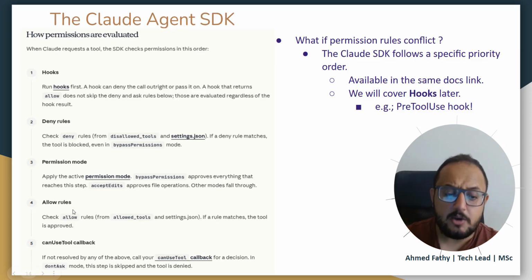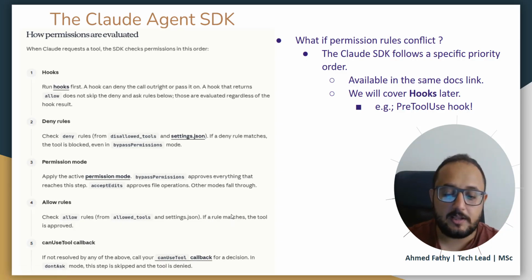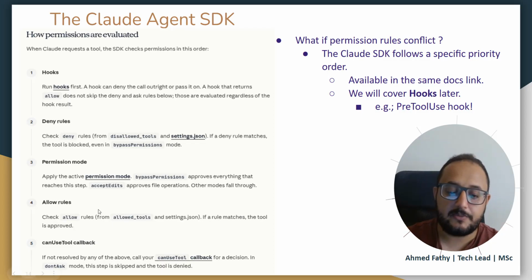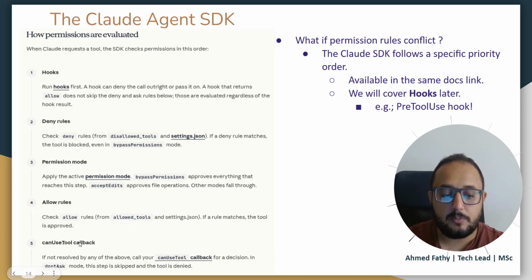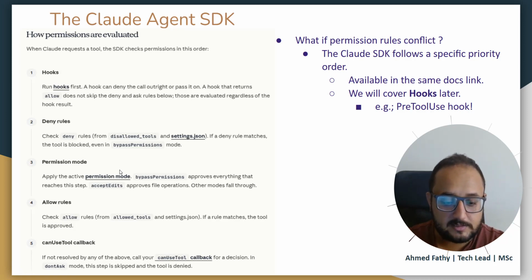Then you have the allow rules. So check allow rules from the allowed tools and settings.json. If a tool is allowed, the tool is approved. Otherwise, at the end, if the tool is not explicitly listed in the allowed tools, you fall back to the can_use_tool fallback. So if not resolved by any of the above, call your callback for a decision.